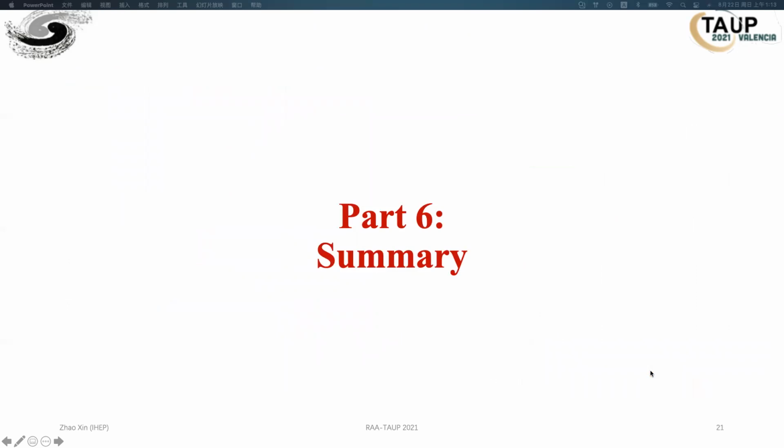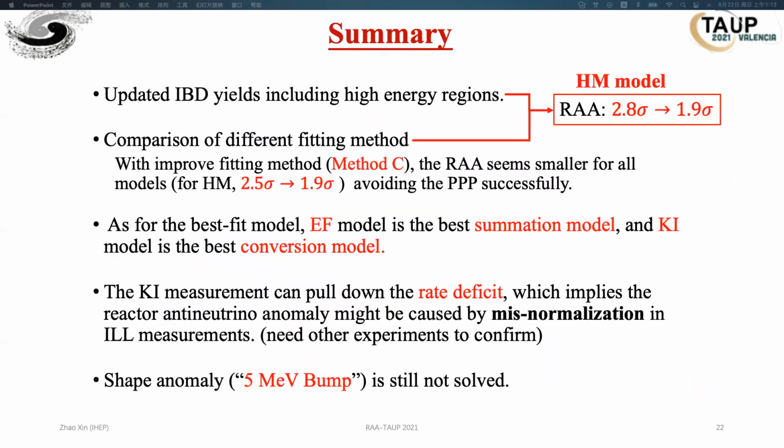Here is the last part, the summary. We have updated IBD yields in our work. We also consider the influence of different fitting methods. Combining both of them, the RAA decreased from 2.8 sigma to 1.9 sigma for the Huber-Mueller model. And for the best fit model, the EF model is the best summation model, and the KI model is the best conversion model.